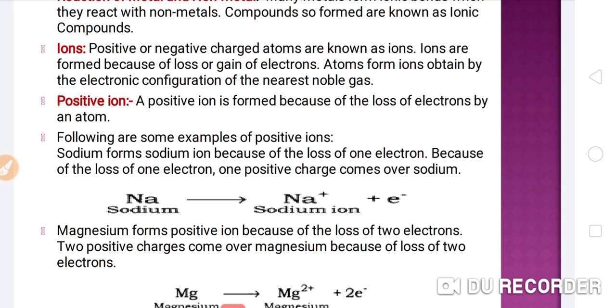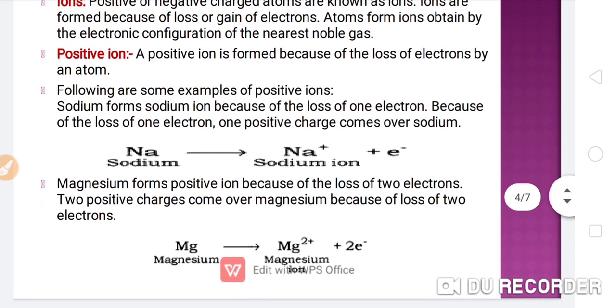it will carry 2, 8, meaning in the last shell it has only 8 electrons. That is the octet rule. So it has completed its octet and converted into a stable state, meaning it is converted into a cation.